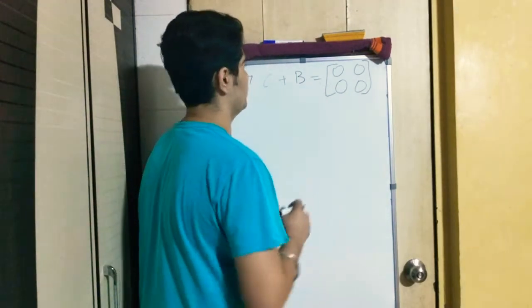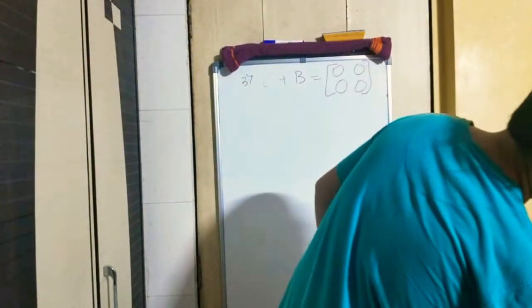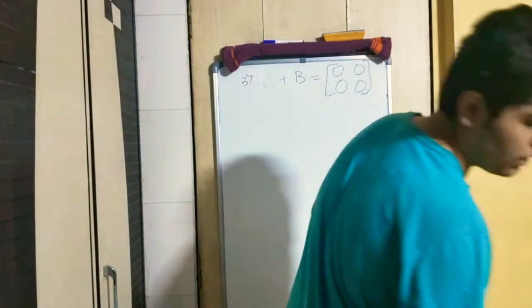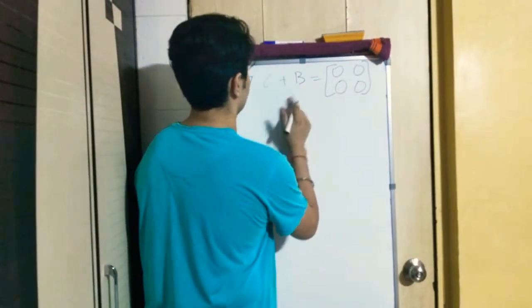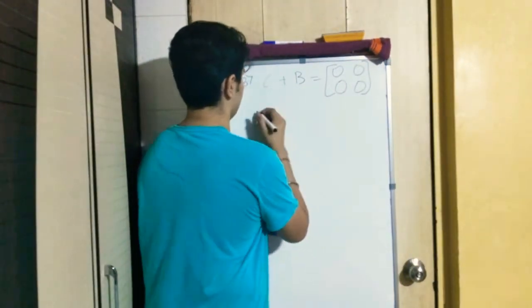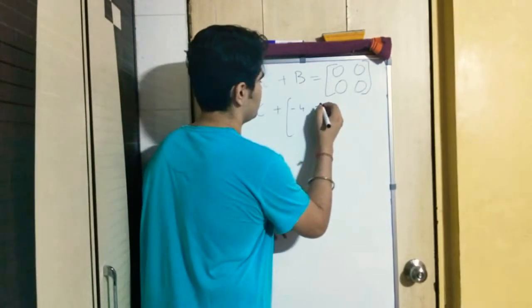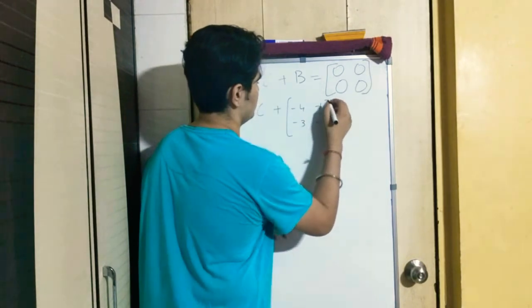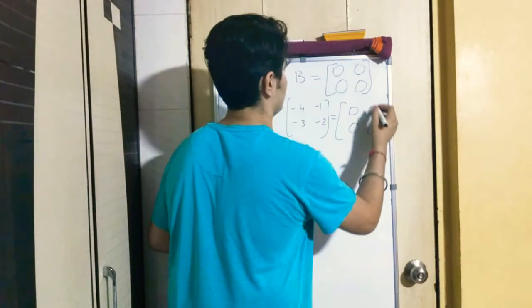I have taught this in the previous video. You should remember this. And the matrix B is minus 4, minus 1, minus 3, minus 2. So I put directly the value of the matrix. It's given in the textbook. C plus minus 4, minus 1, minus 3, minus 2 is equals to 0, 0, 0, 0.